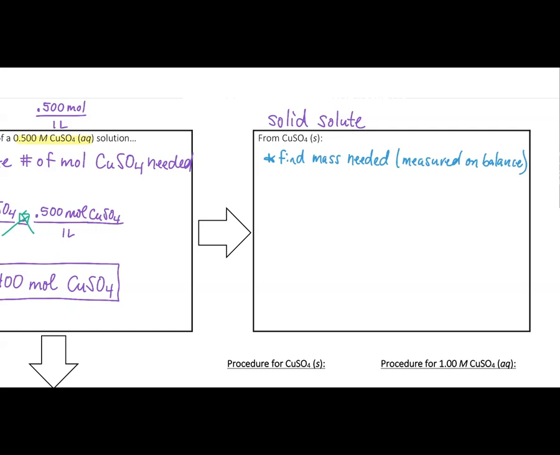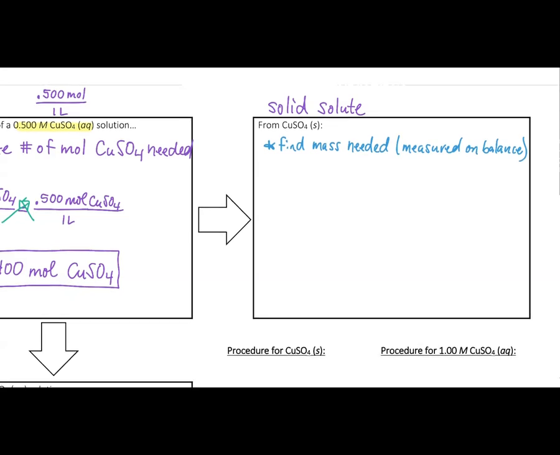In order to do this, we're going to need a molar mass. So I'm going to start there. Molar mass of copper 2 sulfate, we're going to use a periodic table to help us find. So we're going to take all the masses of our individual atoms and add them up. The mass of a copper atom is 63.55 grams.